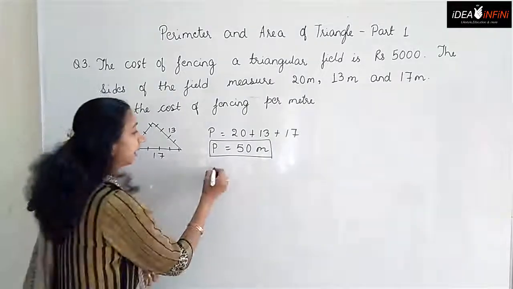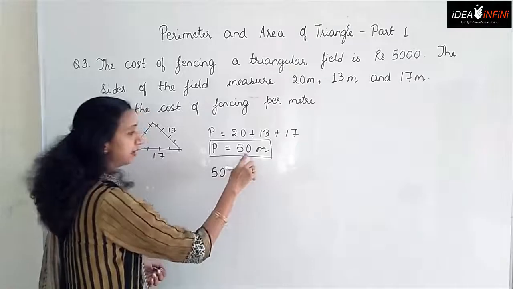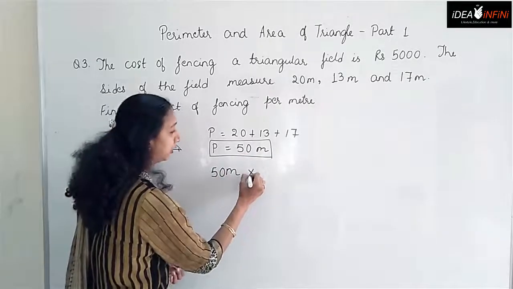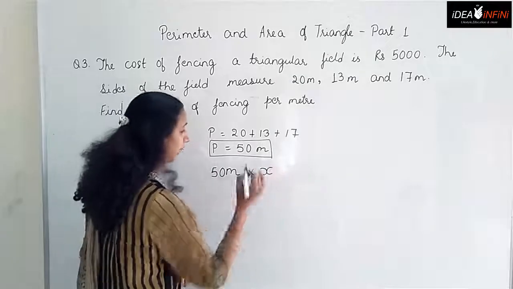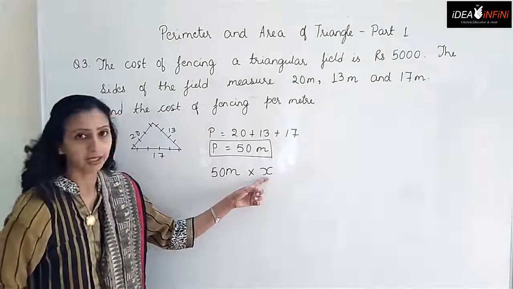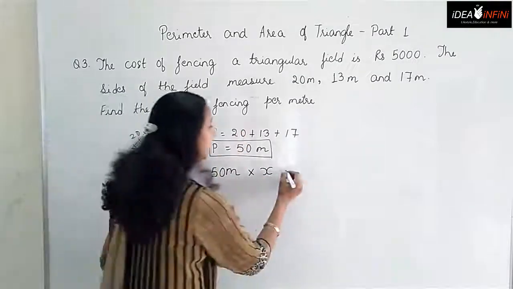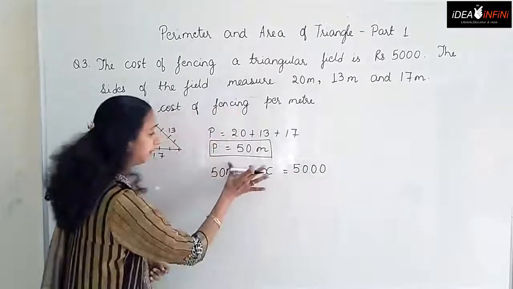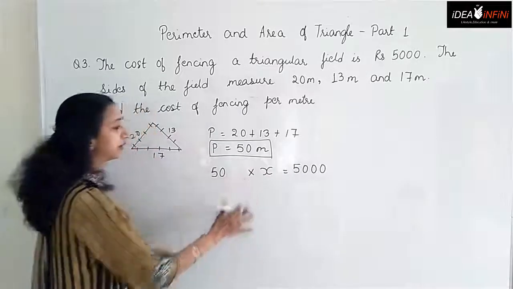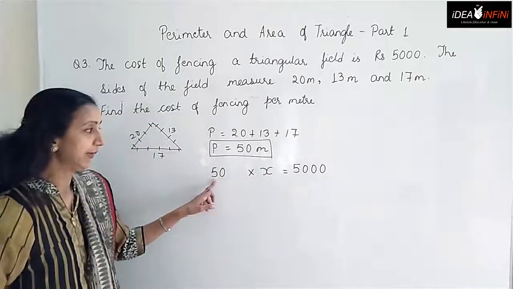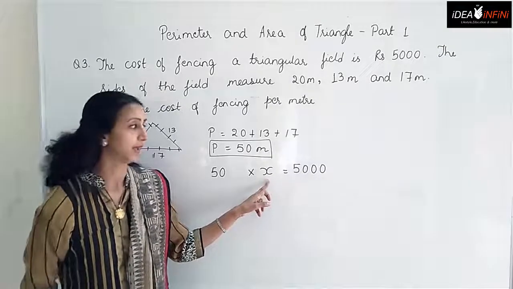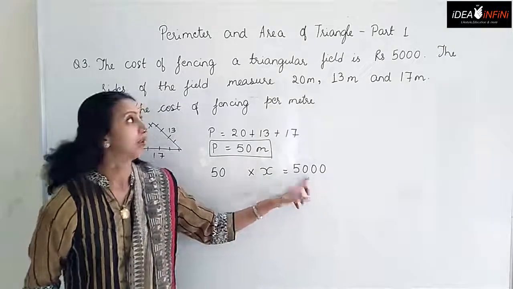That means for 50 meters of the field, 50 meters into some cost, like X rupees per meter, totals to 5,000. We leave the unit M because we don't need it right now. So 50 meters into X, where X is the per meter cost of the fence, is equal to 5,000 that we have been given.